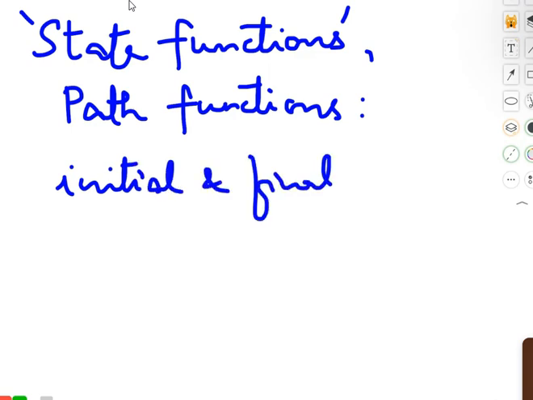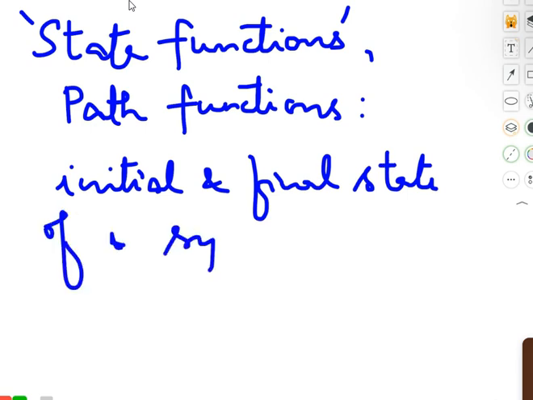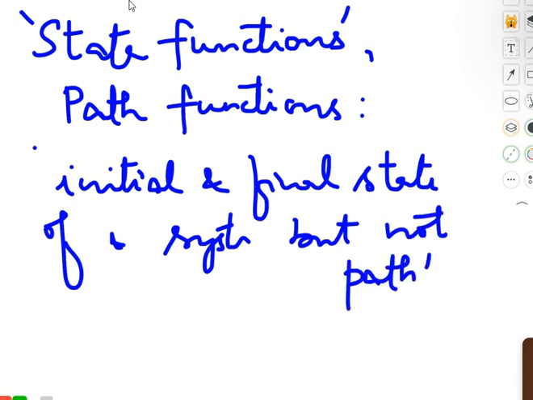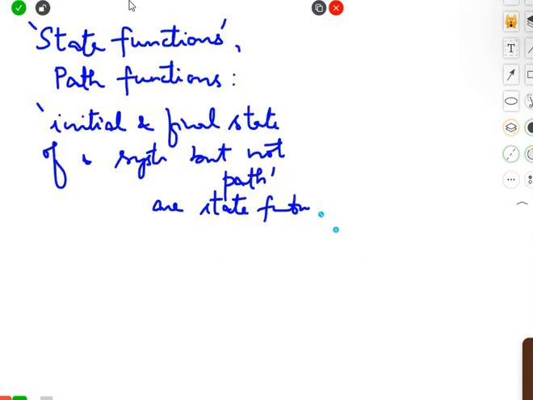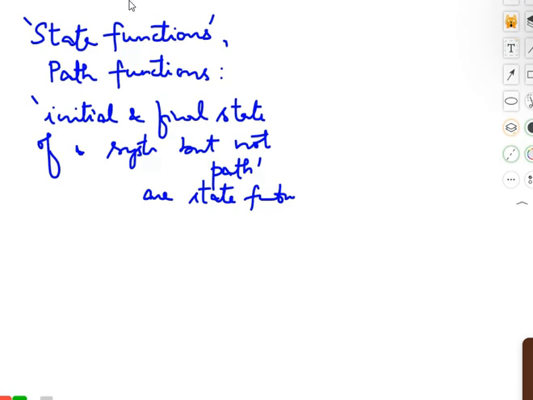Those variables which depend on the initial and final state of a system, but not the path, are called state functions. So pressure, you don't follow the path.